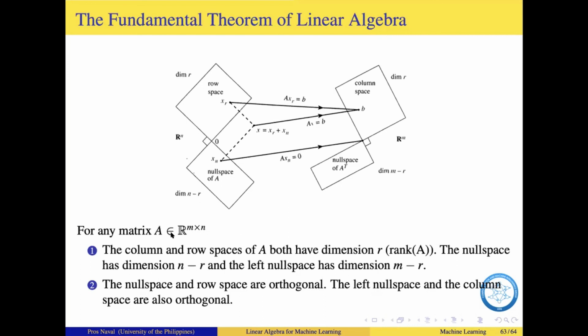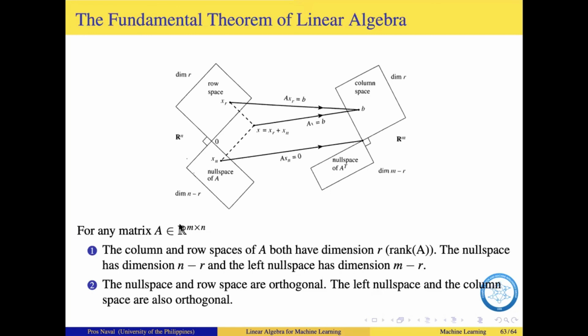For any m by n matrix, the column and row spaces of A have dimension R, which is equal to the rank of A. The null space has dimension n minus R, and the left null space has dimension m minus R.